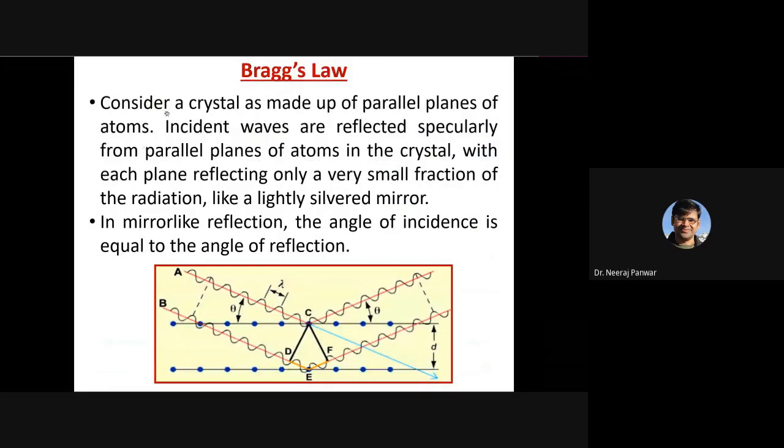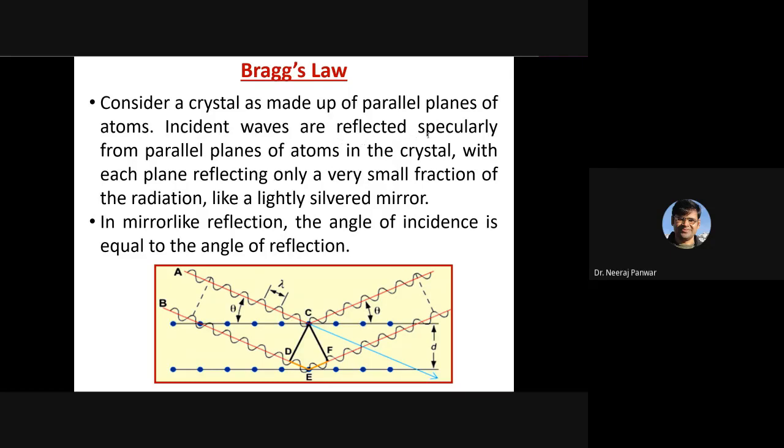All right. So we consider a crystal that is made of parallel planes. This is a crystal in which the atoms are arranged in a periodic fashion, and we can take any particular set of planes with interplanar spacing defined as d. Incident waves are reflected specularly.